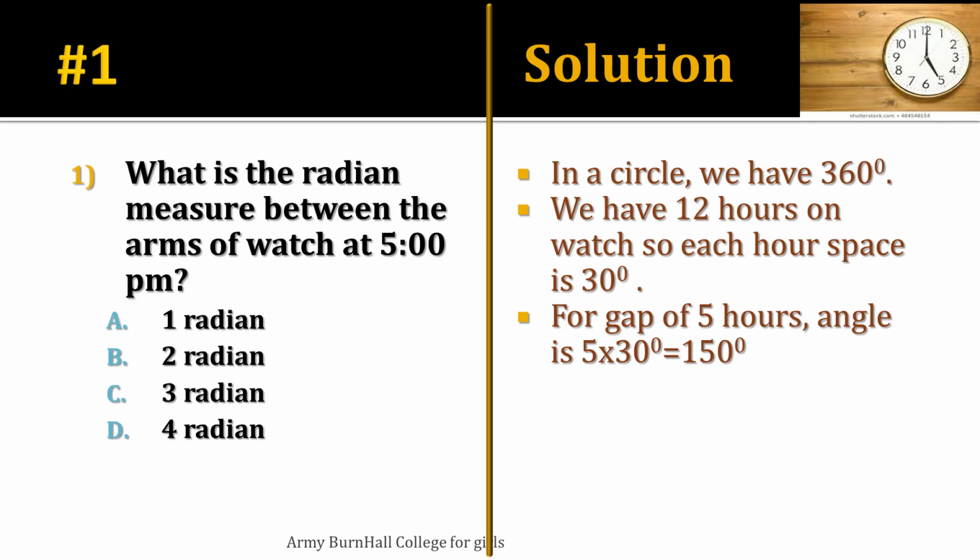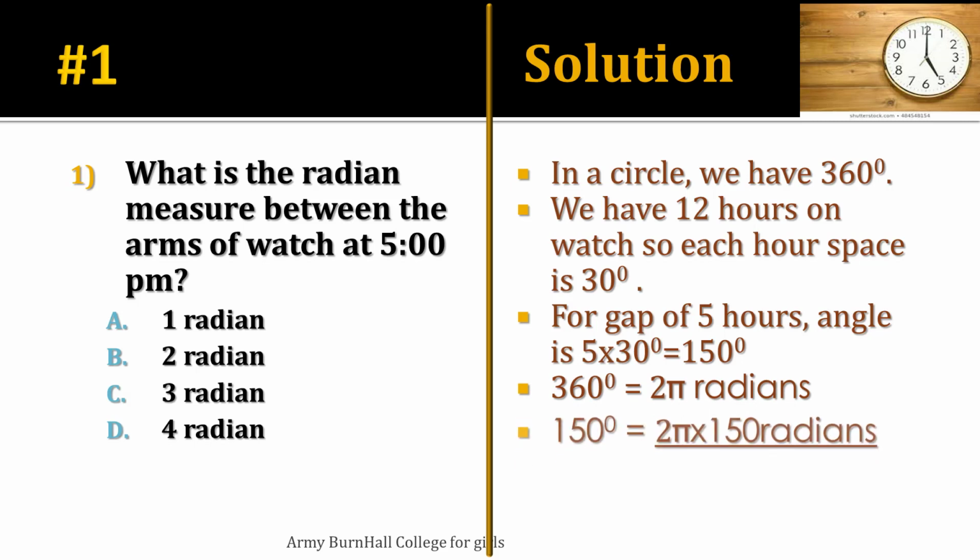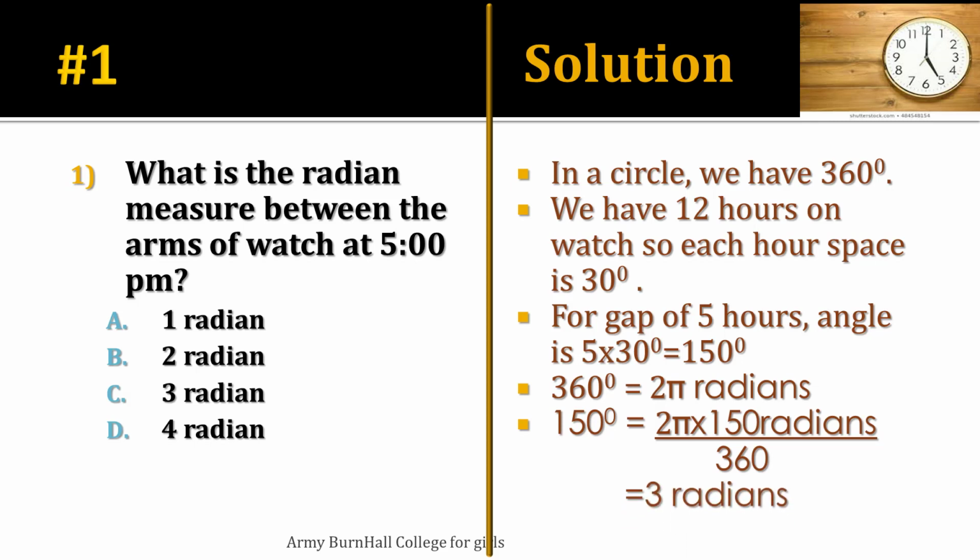Now we just have to convert these degrees into radians. As we know, 360 degrees is equal to 2 pi radians, so 1 degree will be 2 pi divided by 360 radians. Multiplying both sides by 150, 150 degrees is equal to 2 pi into 150 divided by 360 radians. So we get the answer as 3 radians.